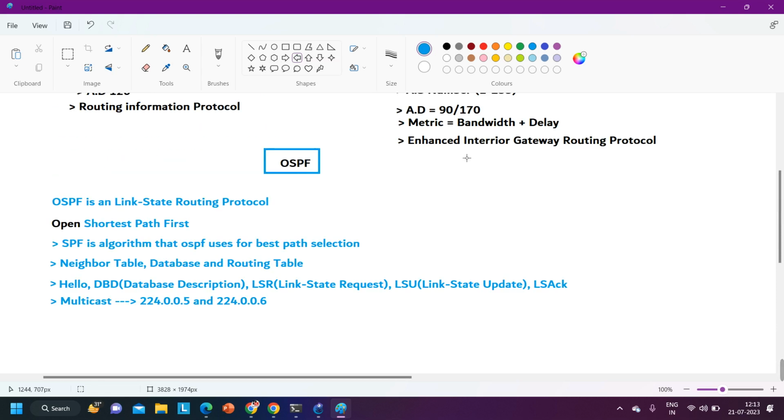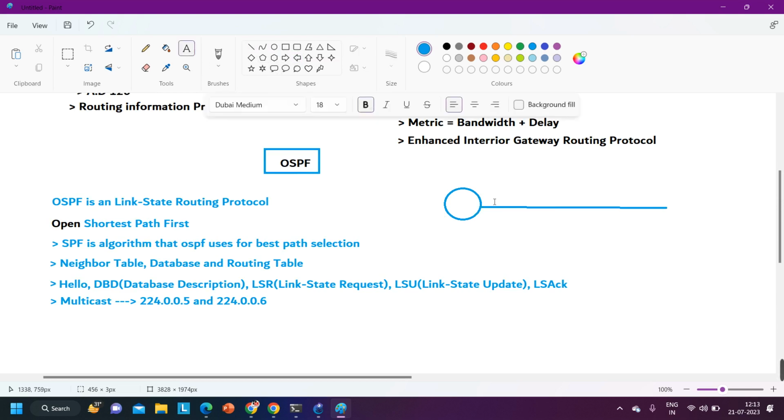Let's say I have one router here, and this router has one interface, let's say FastEthernet 0/0, F0/0, and here I am running a network. 12.1.1.1 is the IP address of this interface.